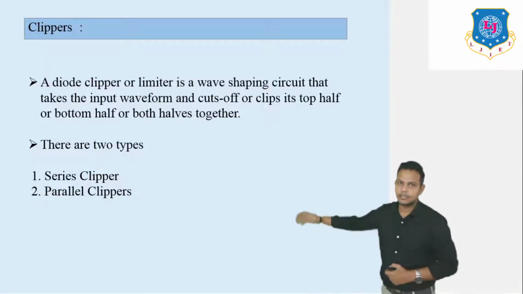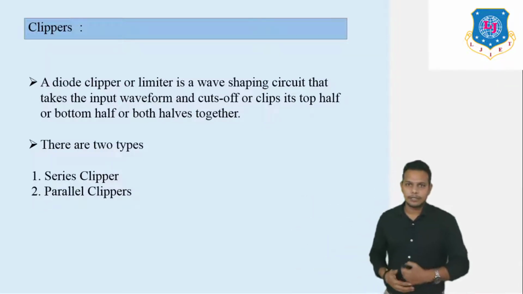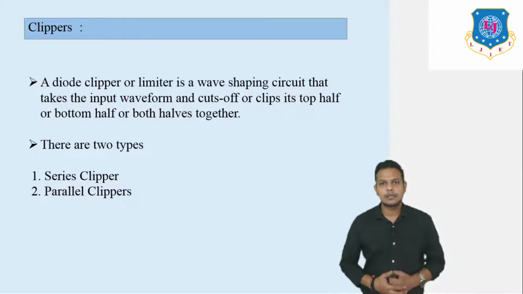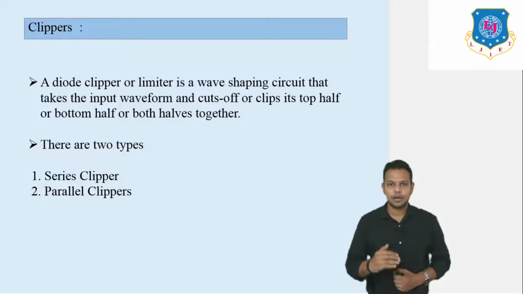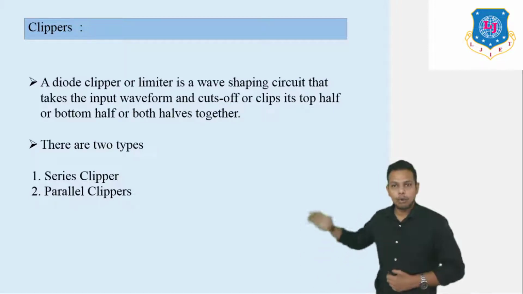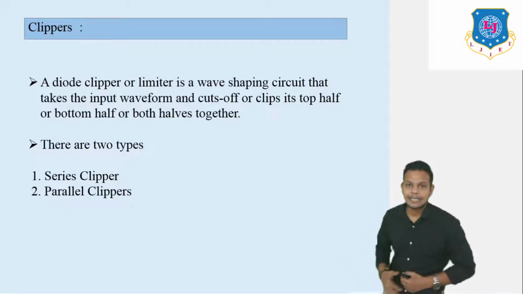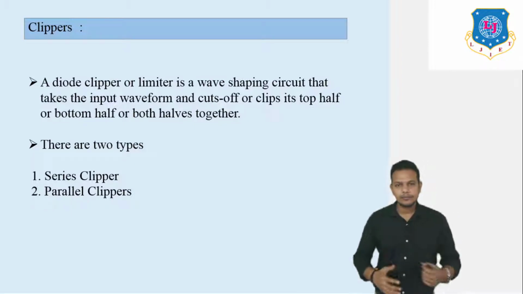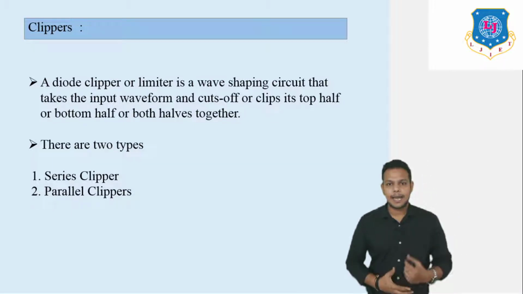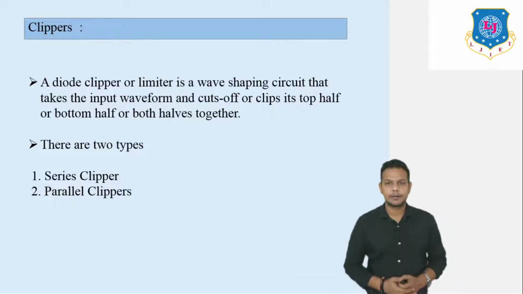Start with the clipper's definition. A diode clipper, also known as a limiter, is a wave shaping circuit that takes the input waveform and cuts off or clips off the top half or bottom half or both halves together. A clipper is divided into two parts, series and parallel. A clipper is also known as an amplitude selector, or sometimes you may have heard of it as a slicer. So this is the clipper.